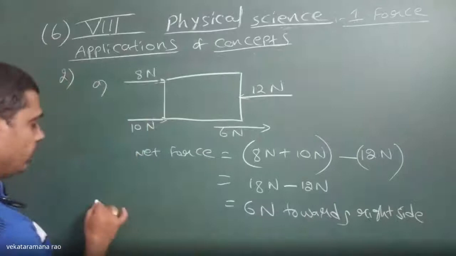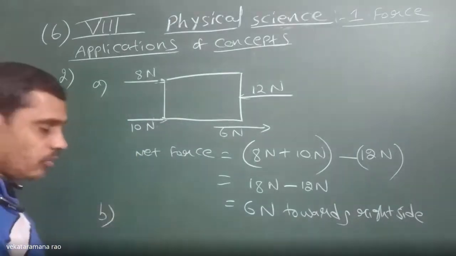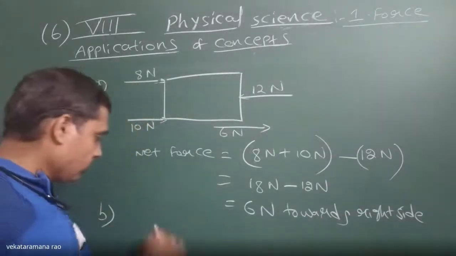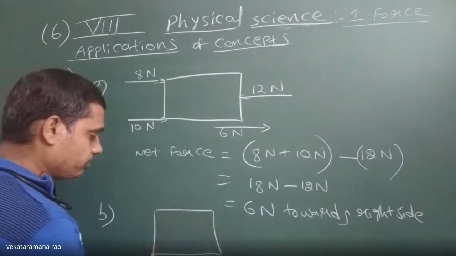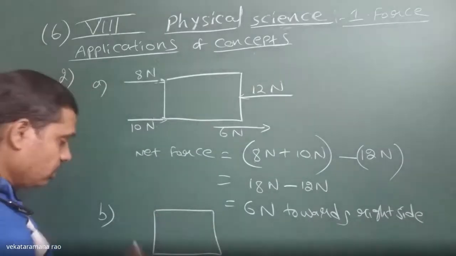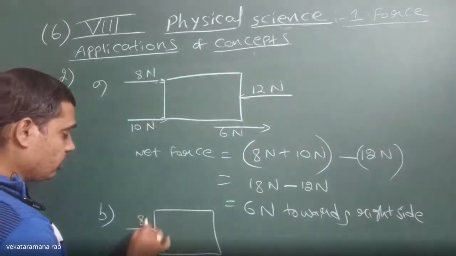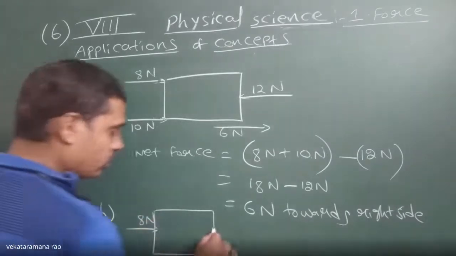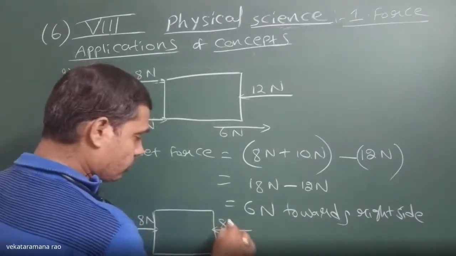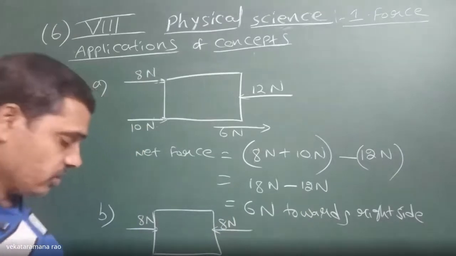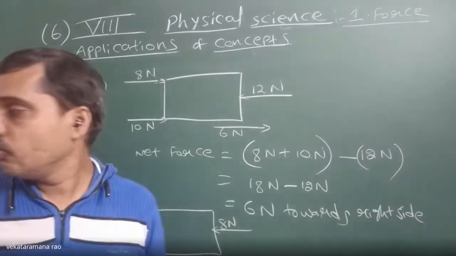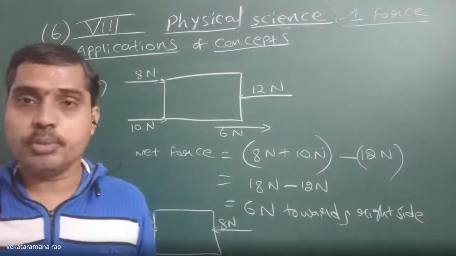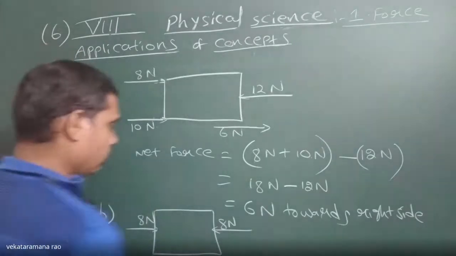Now let me go for B. What diagram do we have? Again, one block is there. On this block, an 8 newton force is acting towards the right side, and towards the left side also an 8 newton force is acting. Now, what is the net force acting on this block? Let us find out.